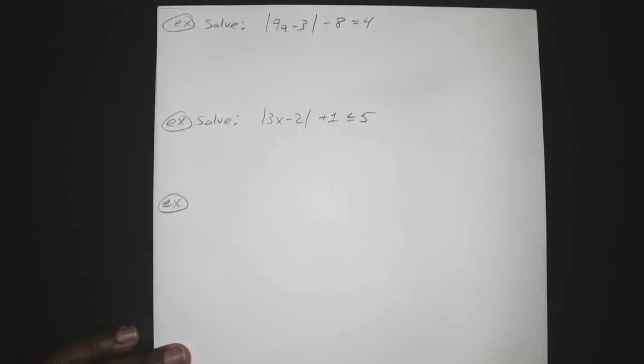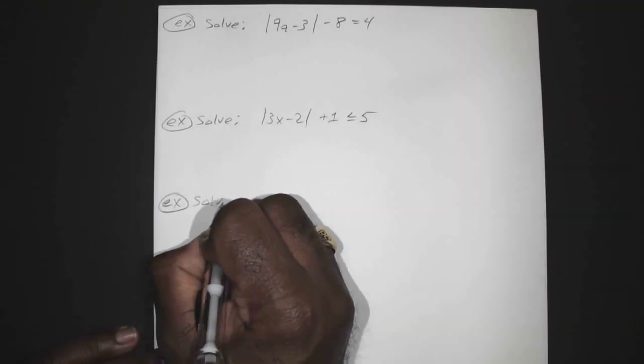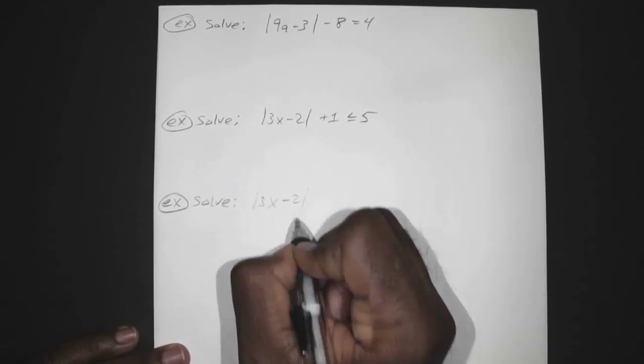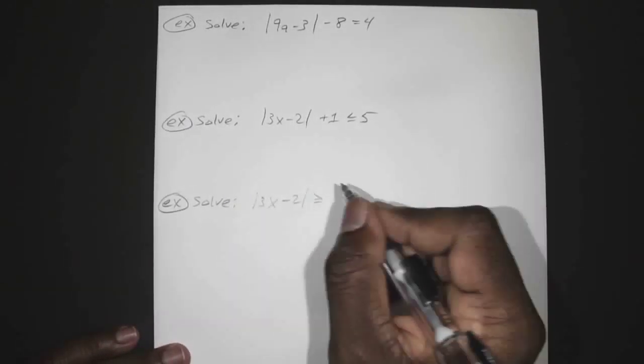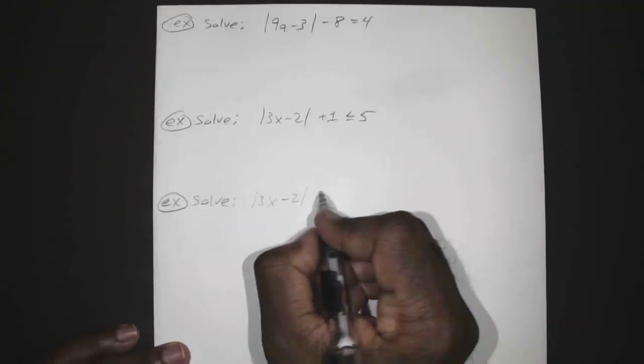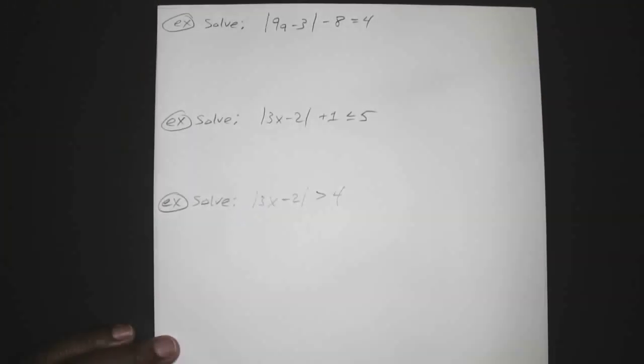And let's say if we wanted to solve the absolute value of 3x minus 2 is greater than 4. Okay, I'll let you get started on these.